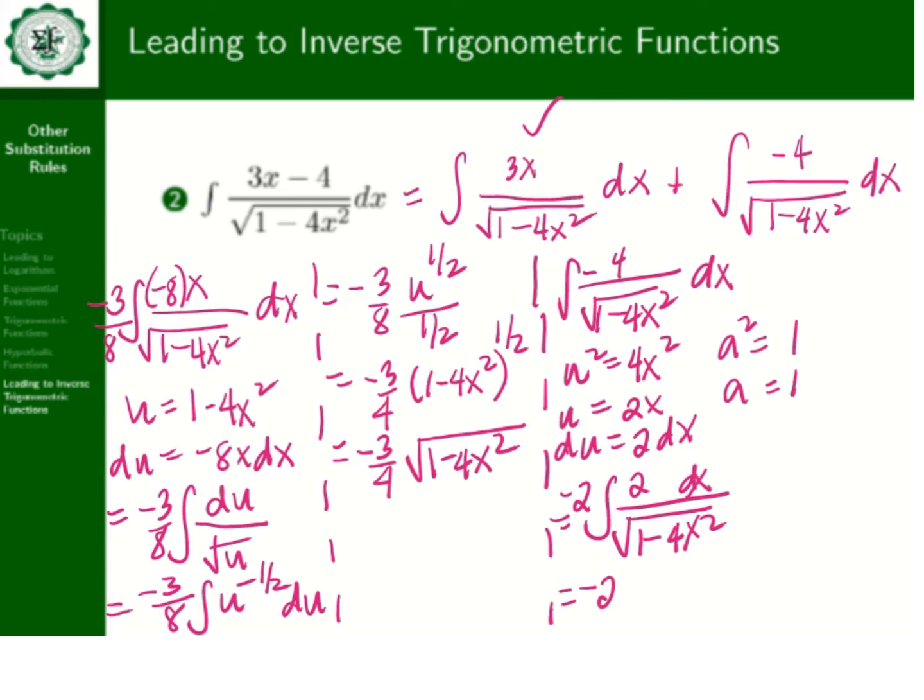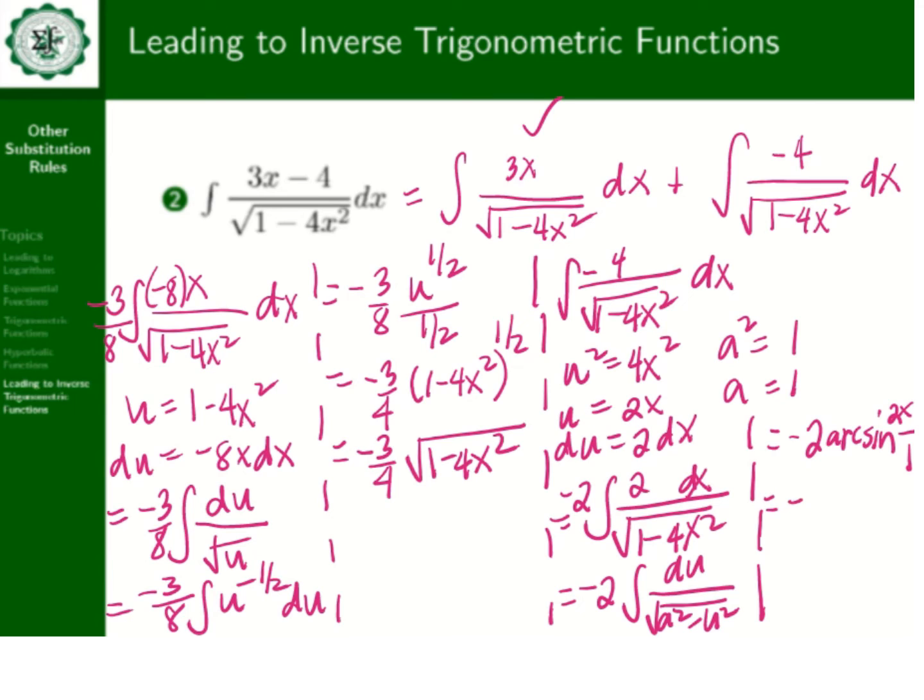Continuing, we have negative 2 times the integral of 2 dx, that would be du, over the square root of a squared minus u squared. If we continue, we have negative 2 arc sine of u over a. So u is 2x over a, which is 1.